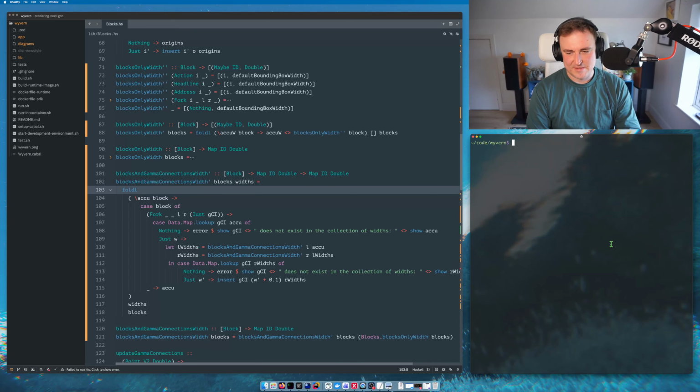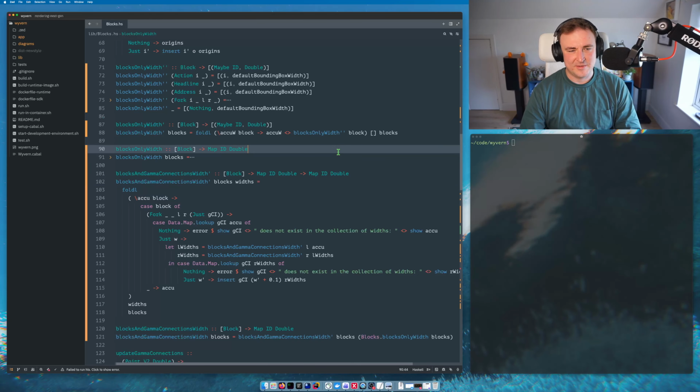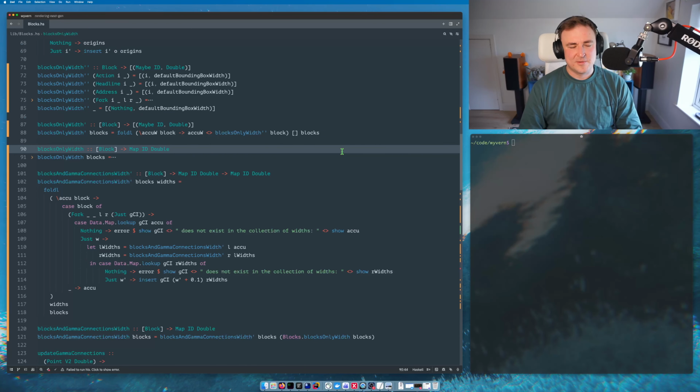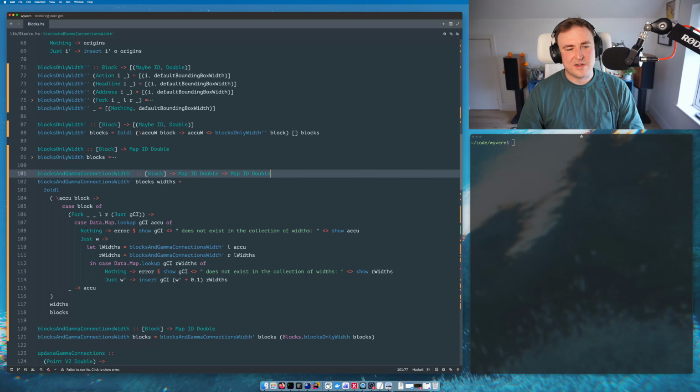So let's clear this, not to be so messy and noisy. What I'm thinking to add to this function is, instead of just tracking the max width a block identified by this ID can occupy, we can instead track one of two things.